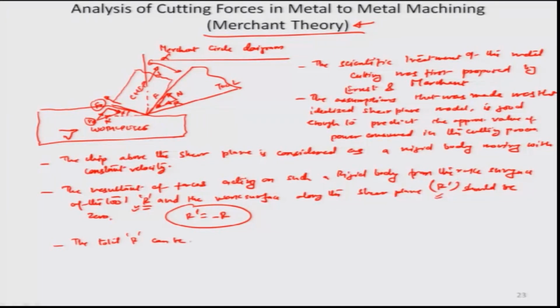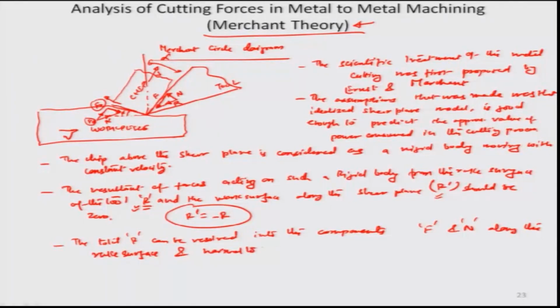So, the total R can be resolved into the components F and N along the rake surface and normal to the rake surface as such.